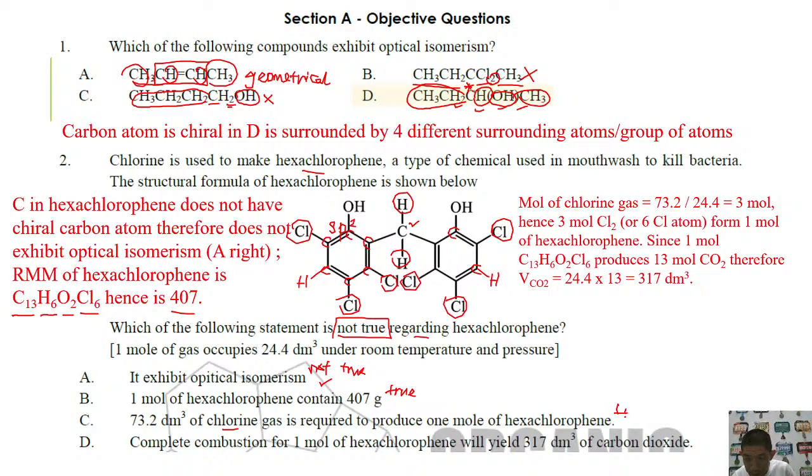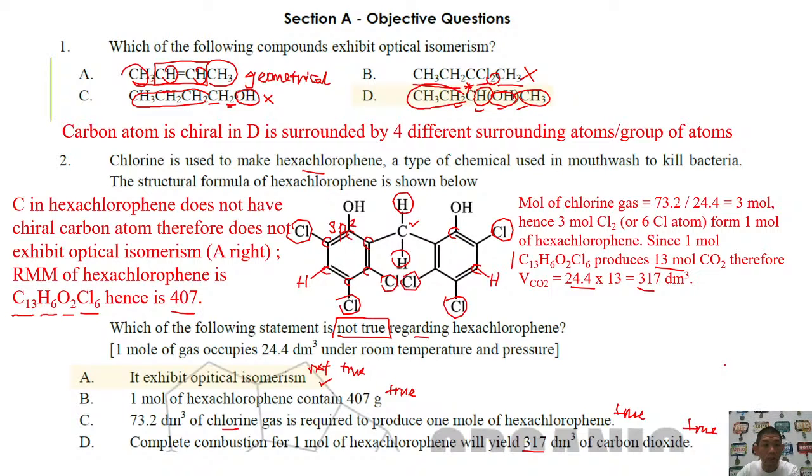And finally, complete combustion of 1 mole of hexachlorophene will yield 317 decimeter cube of carbon dioxide. Since one hexachlorophene produces 13 moles of carbon dioxide, the volume is 24.4 times 13, which gives 317, which is also true. We are looking for not true, so the answer here is A.